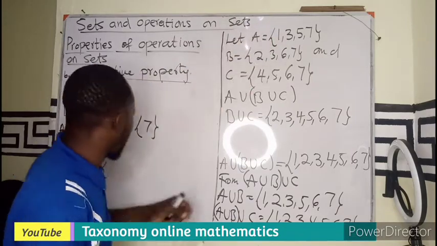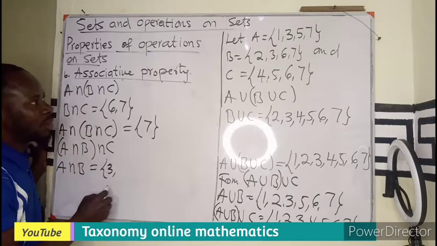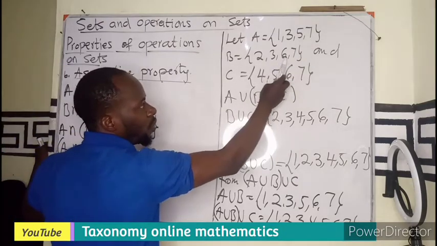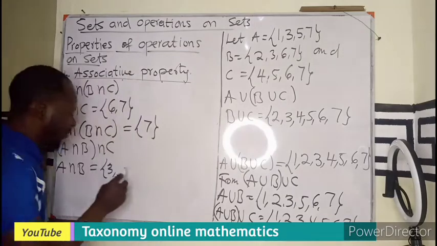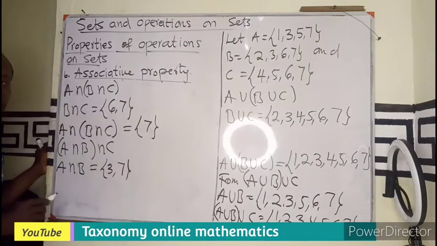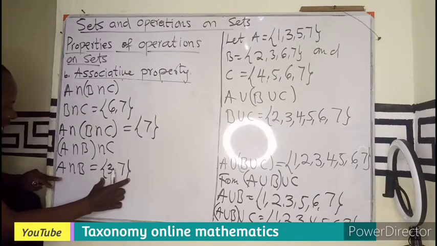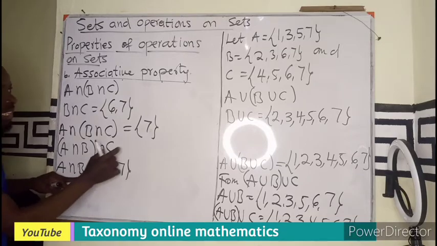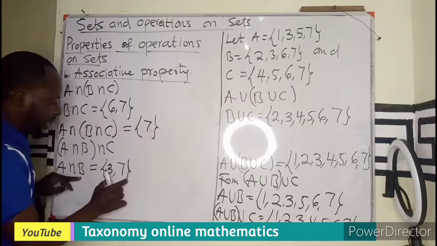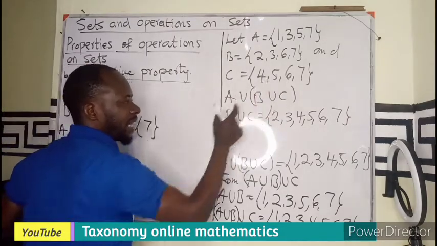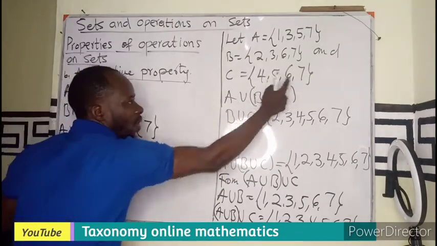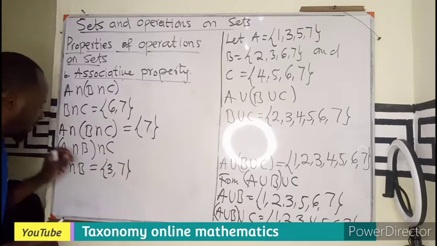I think I have 3 as a common element. 5, no. 6, no. Then I have 7. So now 3, 7, as in A intersection B, will be compared with the set C: 4, 5, 6, 7. I believe 7 is the only intersecting element.